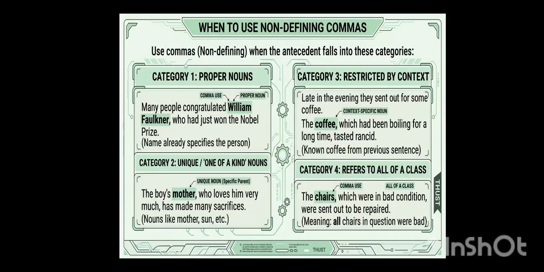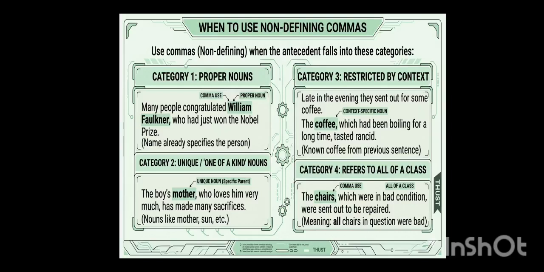We already know exactly who he is because of his name. The second category is unique, yes, one of a kind nouns. For example, the boy's mother, who loves him very much. A person only has one biological mother, so she's already a unique entity, yes.